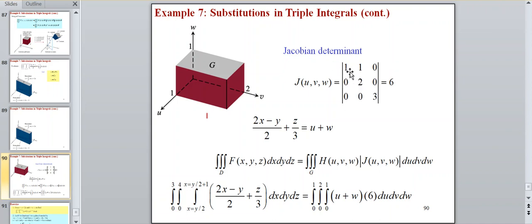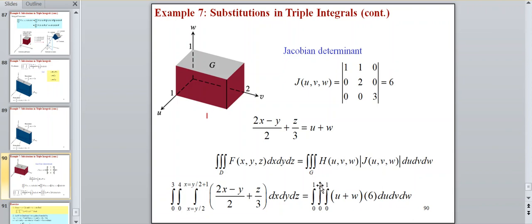So the determinant of this matrix will be the product of the diagonal entries. If we calculate, this equals 6. So you can see here we put u plus w, and the Jacobian is 6. We don't need to put the absolute value. We can remove it. du, dv, dw.